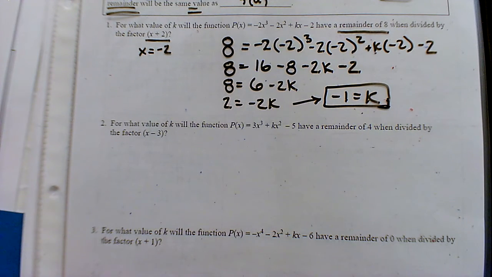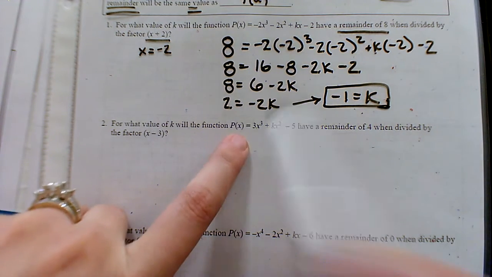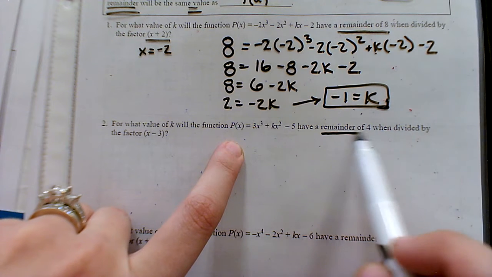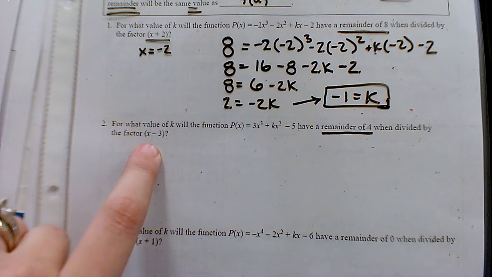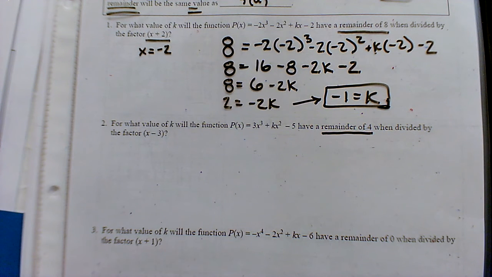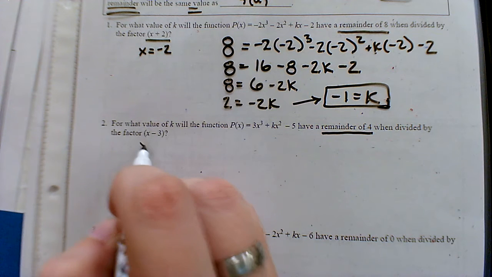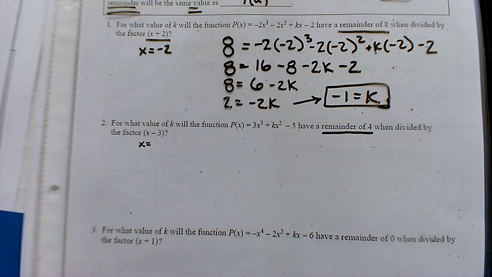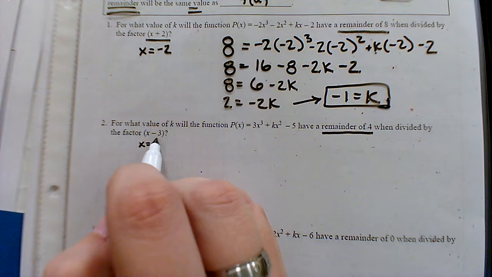Let's try another one. Find the value of k so that this polynomial has a remainder of 4 when divided by that divisor. So what's the 0 of that divisor? Our little box number. Yeah, 3.